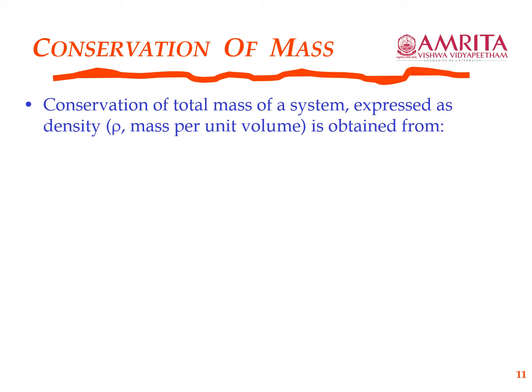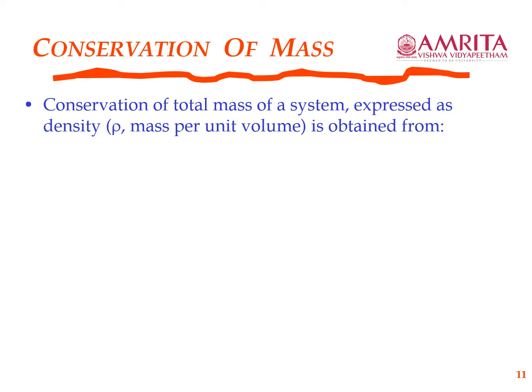This equation should be valid even for a point volume or for any large system as well. The validity of this equation is independent of the system size, so long as the continuum hypothesis holds, because this is obtained within the framework of the continuum hypothesis.